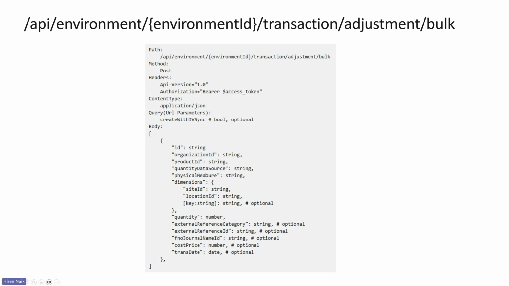We will cover in a later section how you can configure the data source and the physical measure against which you would like to adjust the inventory. Then you have to specify the inventory dimensions. For all the inventory adjustments you make, you will have to specify some level of inventory dimensions for tracking purposes. And then you specify the quantity you are trying to adjust.